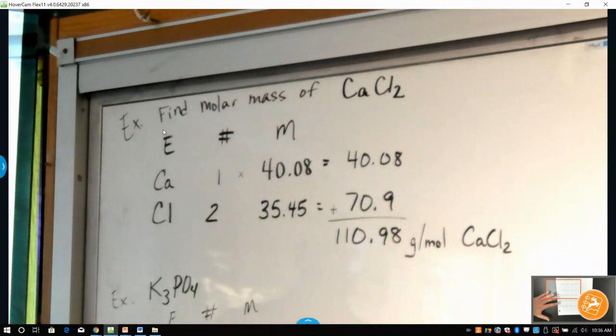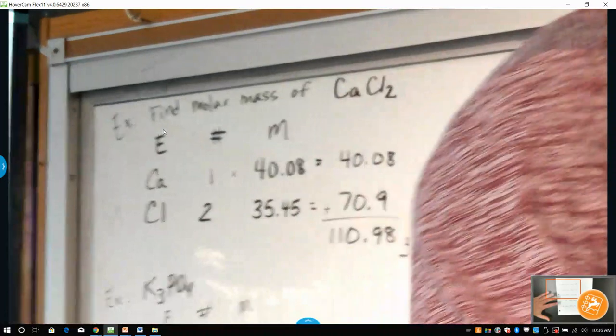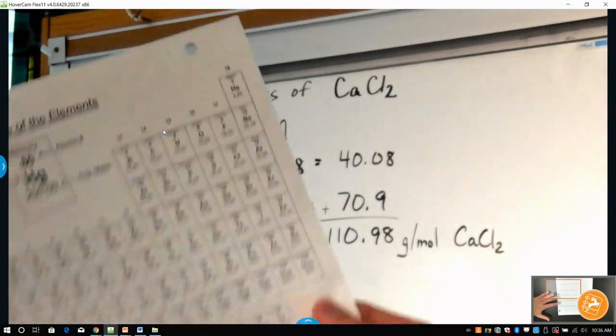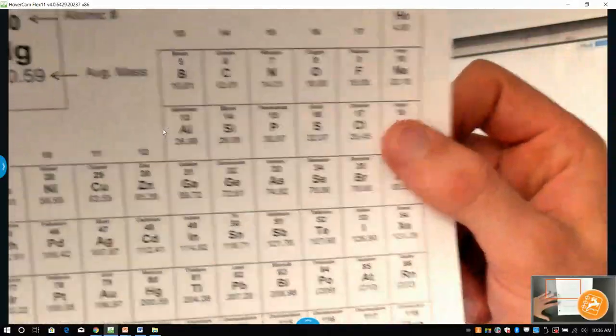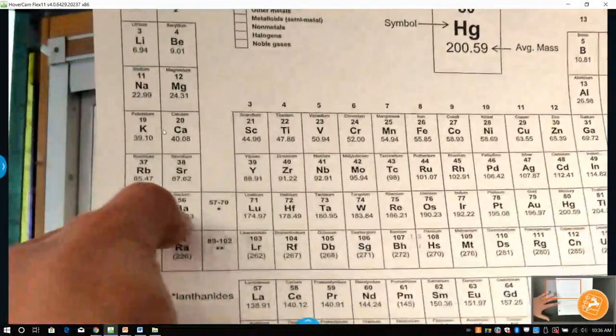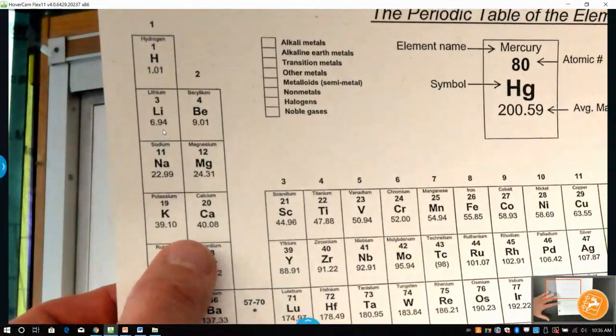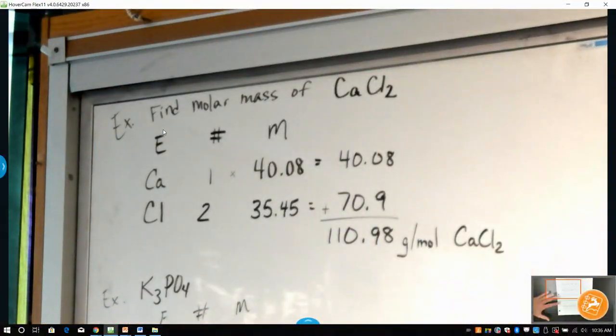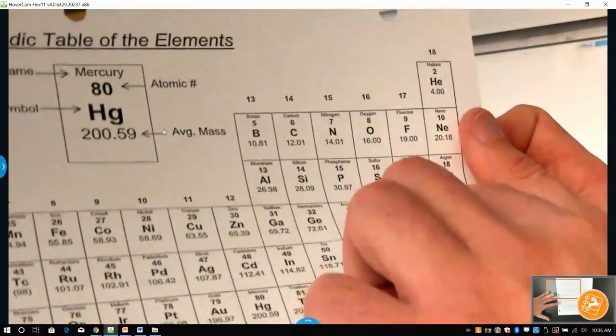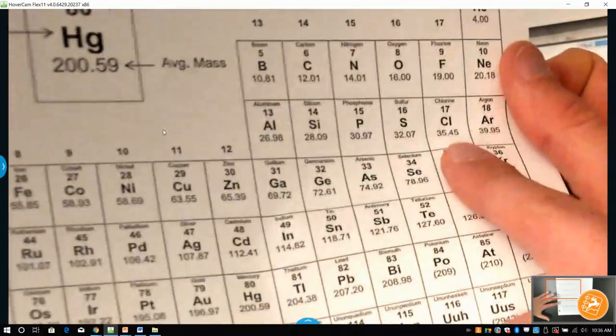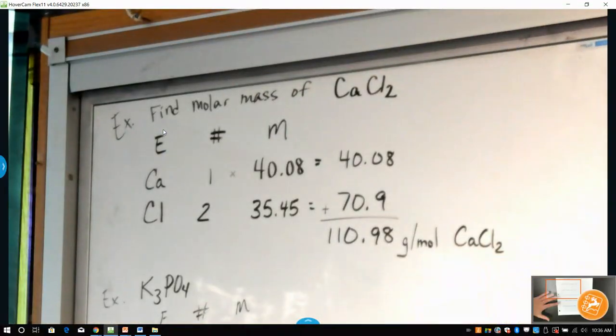And then on your periodic table, you're going to look up the masses. So the periodic table that we're given, all right, let's see. We're looking for Ca, so it should be over here. 40.08. And then chlorine, somewhere over here. 35.45.